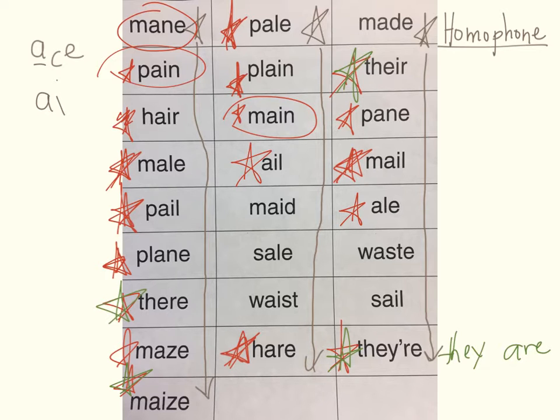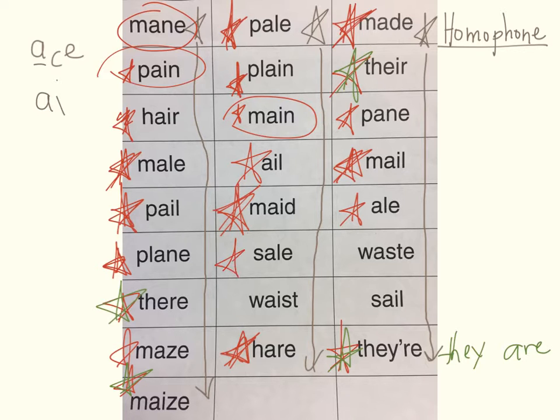The first ail being somebody's sickness. The other ale is a type of drink. Then we have the word maid and made. This first maid is a person who would maybe come to your house and do your cleaning or cooking. And the other made is something that you would create, like I made my bed or I made slime. It's something that you kind of put together yourself and make a creation of.